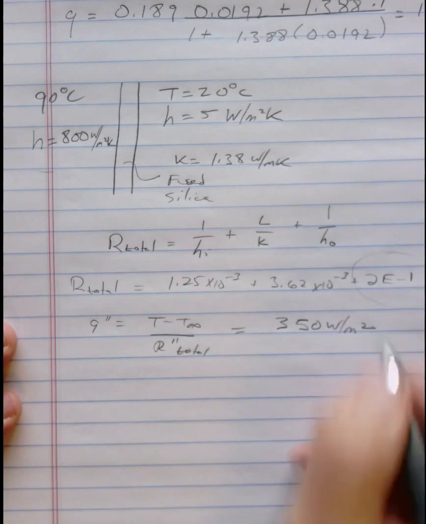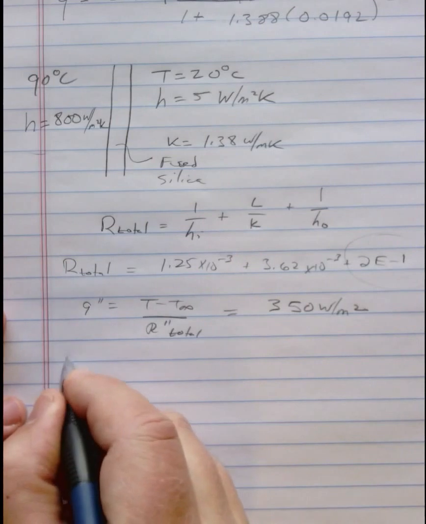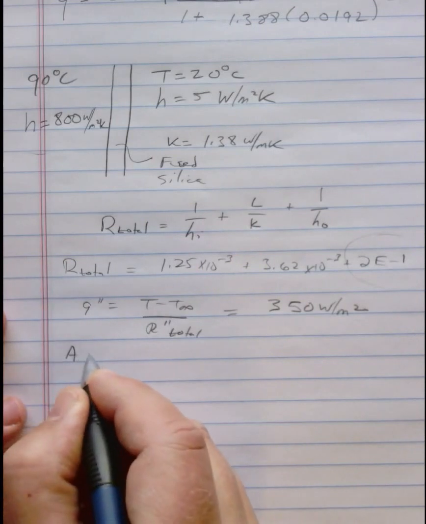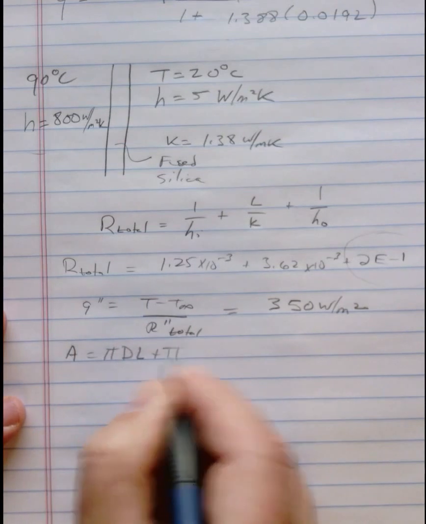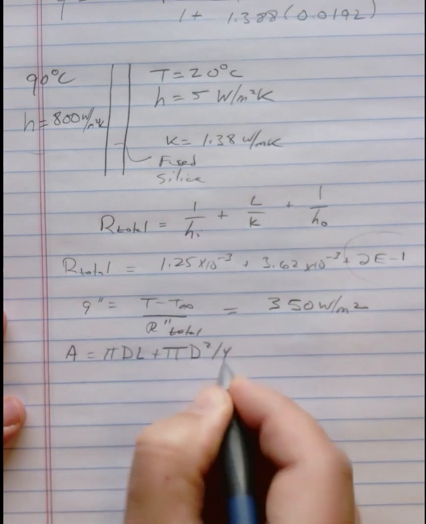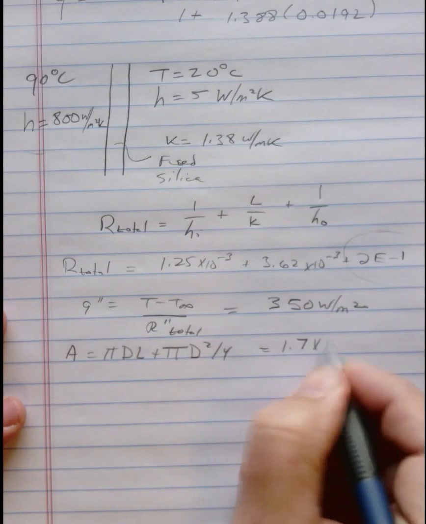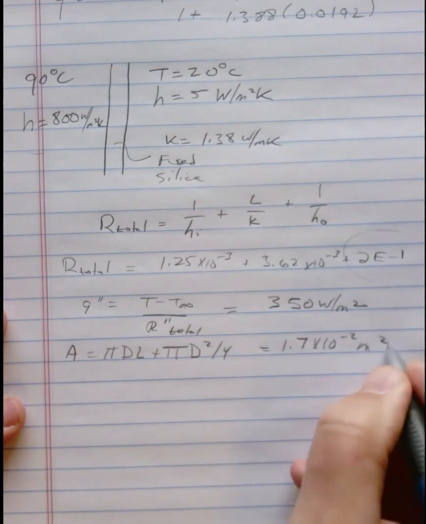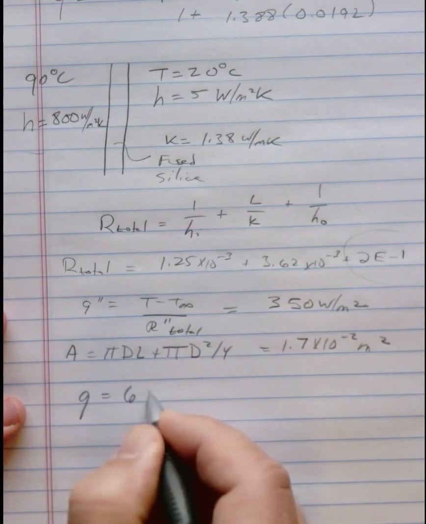I notice that this is a flux. I need to convert that to a heat rate by multiplying by the area, and that's equal to pi dL plus pi d squared over 4, which ends up being equal to 1.7 times 10 to the negative 2 meters squared, and therefore my Q is equal to 6 watts.